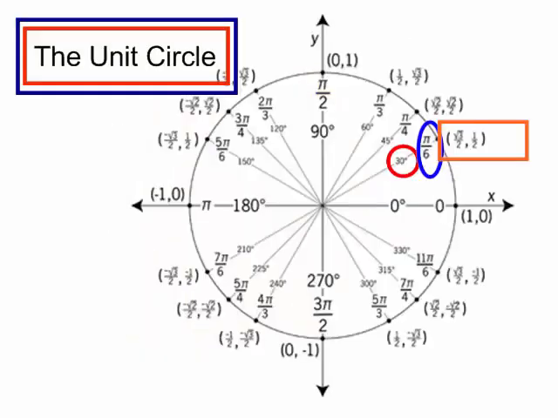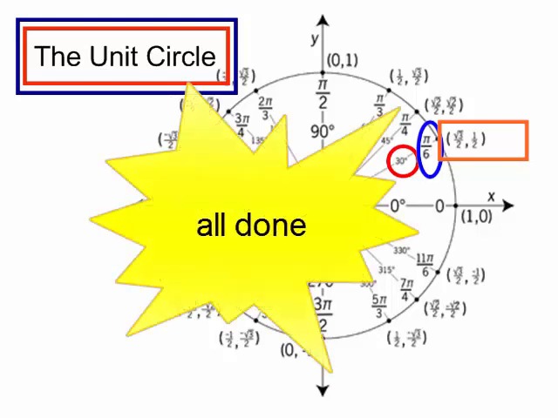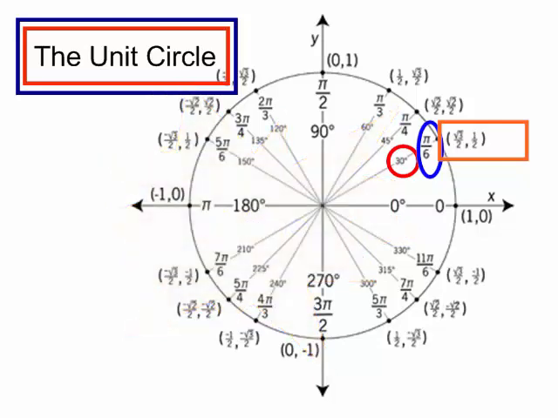So in the first part of this video, we talked about the degrees and the radians associated with the unit circle. And in the second part, we tackled the cosine and the sine that is associated with those degrees and radians. I hope you have a great understanding of the unit circle.